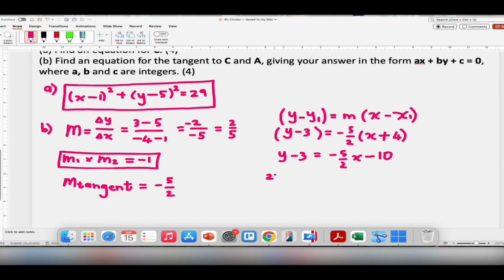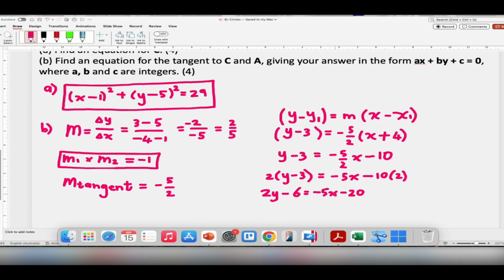So this will be multiplied by 2. This will then be negative 5x. This whole thing must be multiplied by 2, so this becomes negative 10 times 2. So this becomes 2y minus 6 equals negative 5x minus 20.